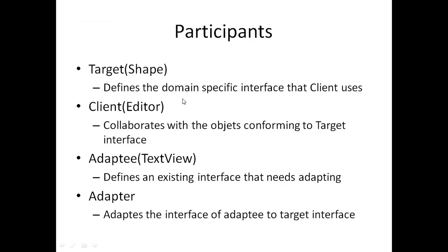The participants, as we have seen for the adapter pattern, are the target; the client, the application which uses the target; the adoptee, which is nothing but the class we create for the changed one; and the adapter, which uses the operation of the adoptee to change the interface.